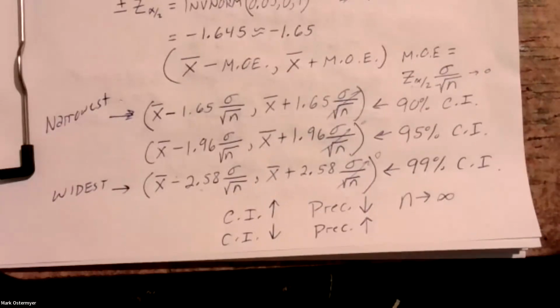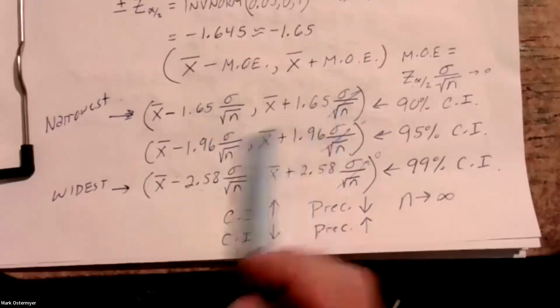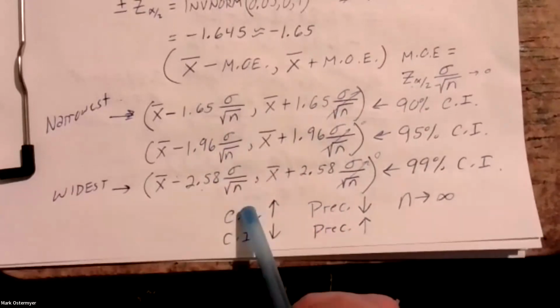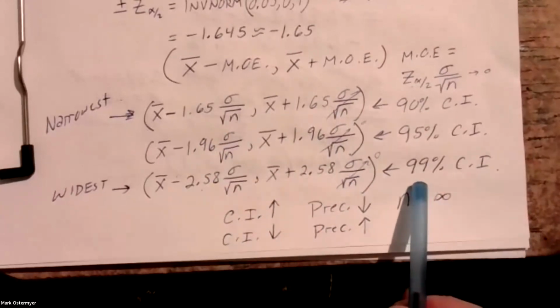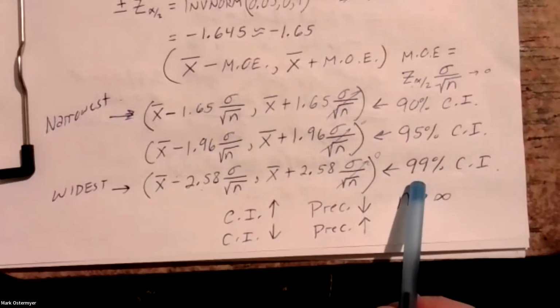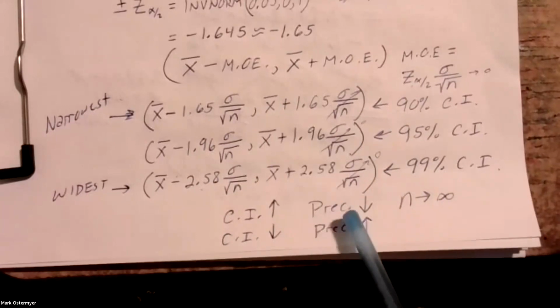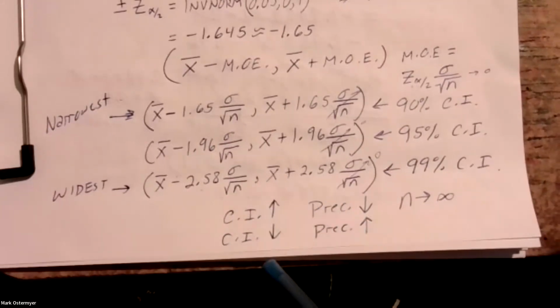Not only, ladies and gentlemen, are we corralling our population mean within these intervals, but we also have some measure as to how accurate we are in saying that the population mean belongs in one of these intervals. That level of accuracy is our level of confidence that we set. We are the ones that set the level of confidence in building these intervals. Granted, there's that inevitable trade-off between precision and the level of confidence.